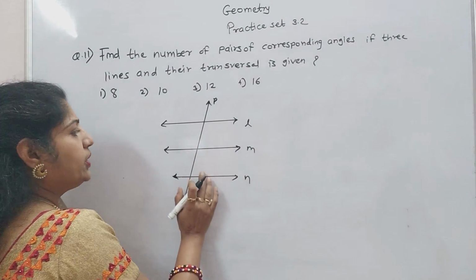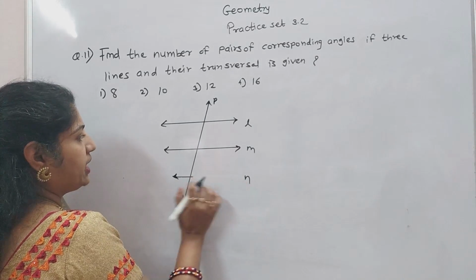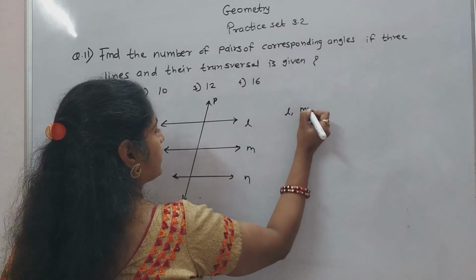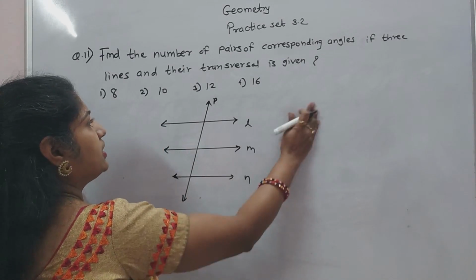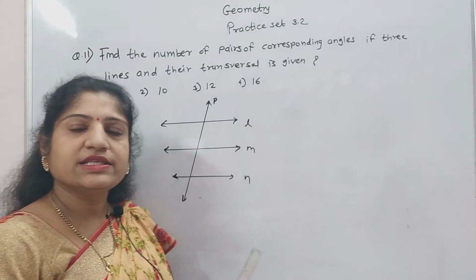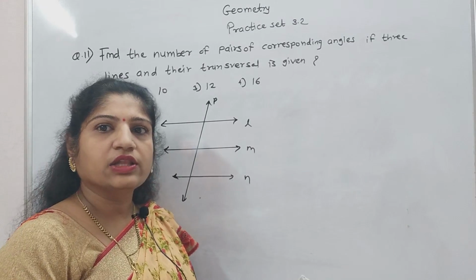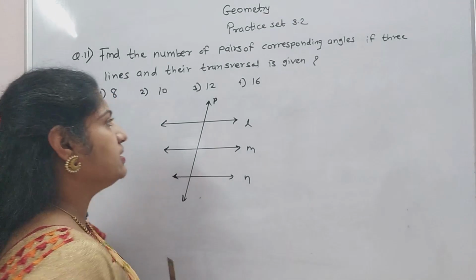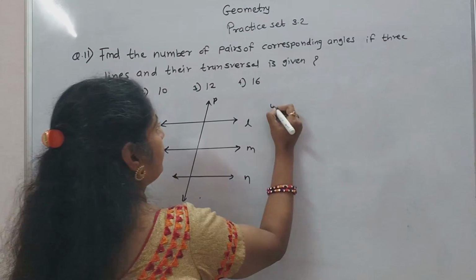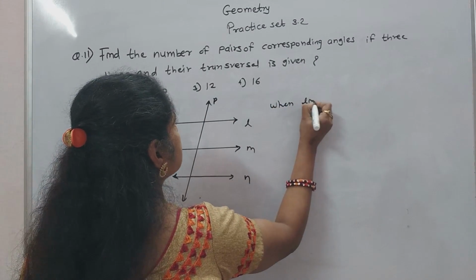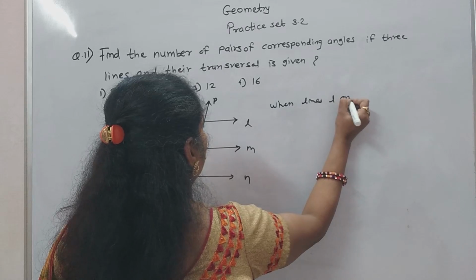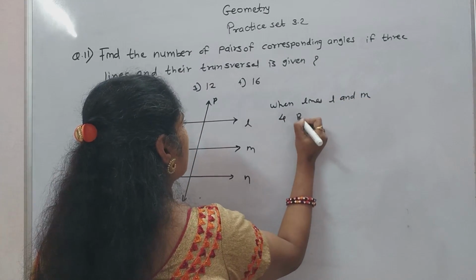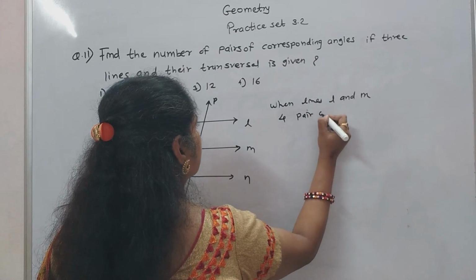When we take only 2 lines, L and M, and P is the transversal, then with 2 lines and 1 transversal there are 4 pairs of corresponding angles.